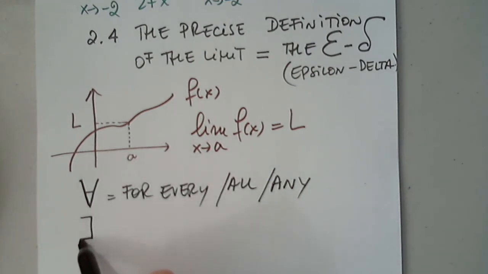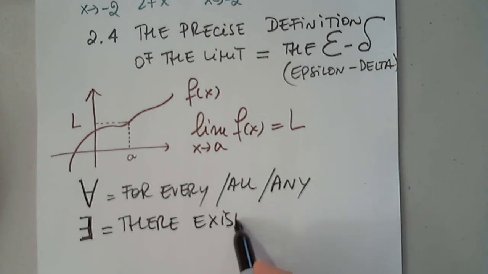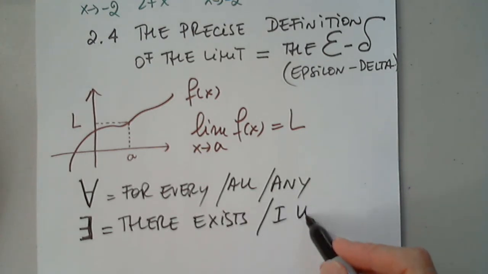This symbol, the backwards E, stands for there exists. Or I will find.